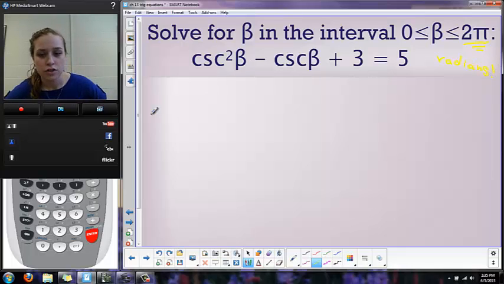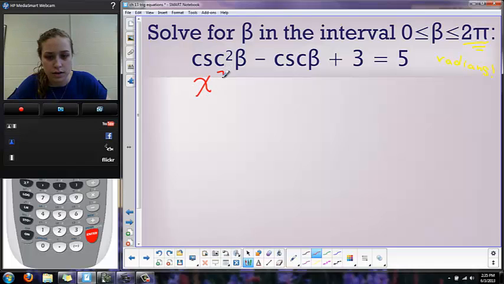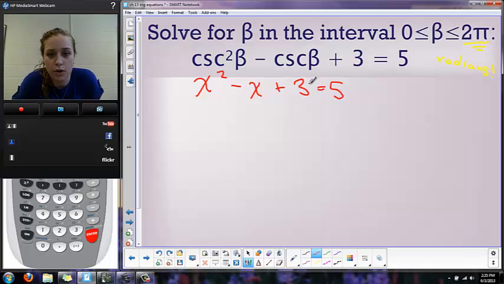Okay, so this is really the same thing as x squared minus x plus 3 is equal to 5. Now, whatever I'm going to do, whether I'm going to use the quadratic formula or whether I'm going to factor, I still have to set that whole thing equal to 0.